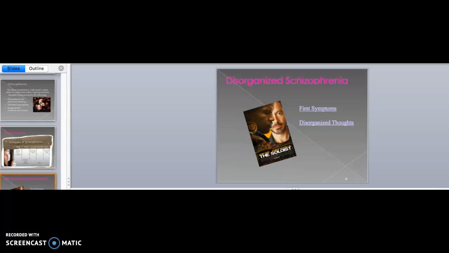I put some clips of disorganized schizophrenia into your weekly folder from the movie The Soloist, where Jamie Foxx plays a man with disorganized schizophrenia. He has very erratic speech patterns, very erratic thoughts, hallucinates, thinks weird things, hears weird things. You can take a look at those to get an idea of what that subtype is like.